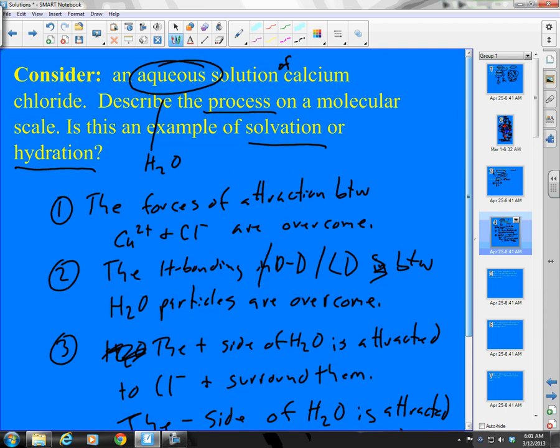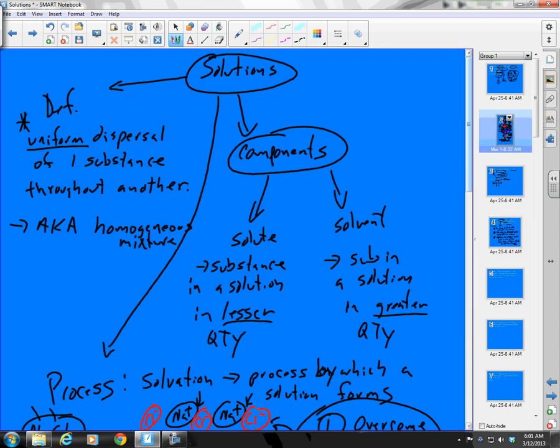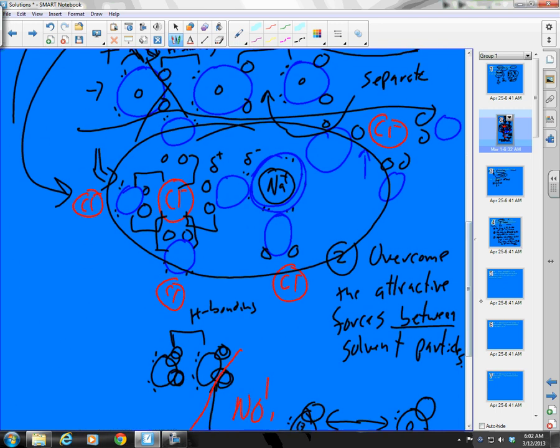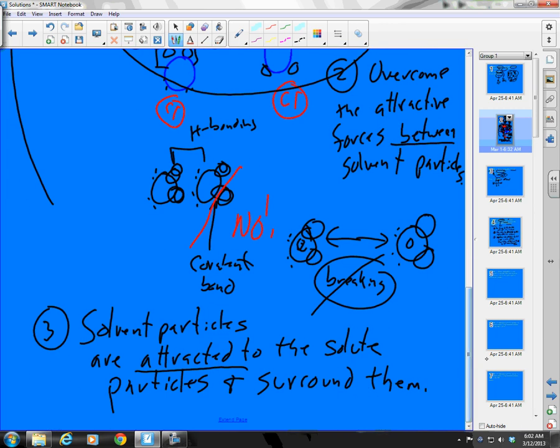Is this solvation or hydration? Okay, so what is hydration? Let's go back to my beautiful drawing. Solvation is the process by which a solution forms. Hydration is a subset of solvation. Let me see where I can draw this. Man, what a mess we've already created, and this is only day one.